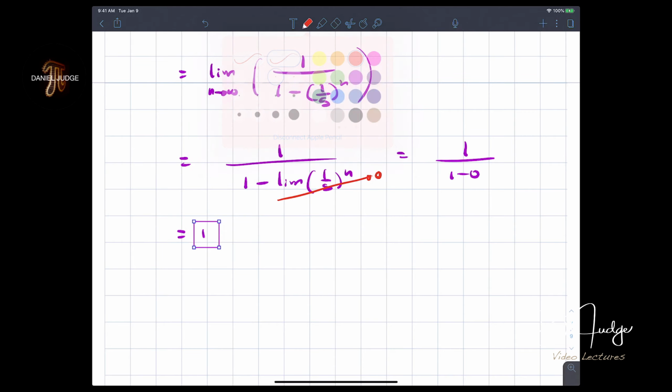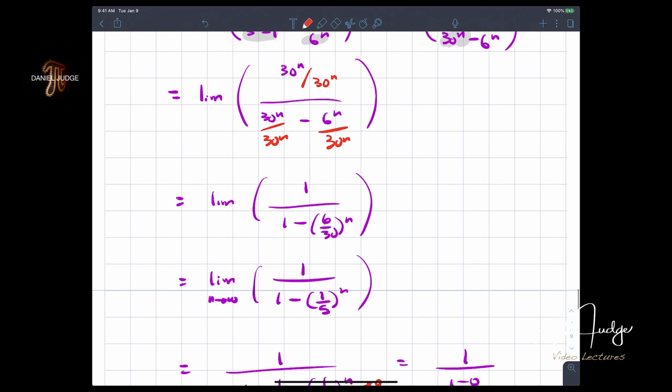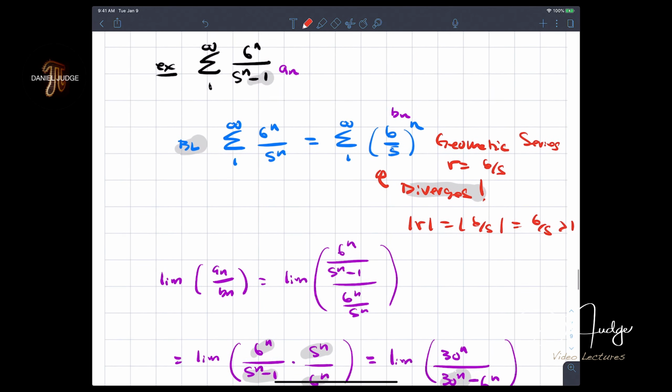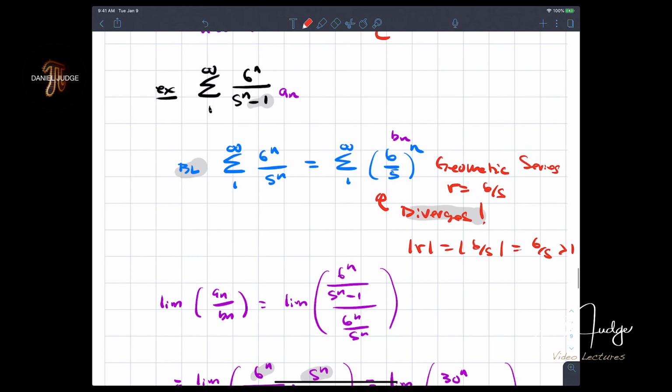That's the finite value c. So you say, why is that important? That's 1. If it's a constant, what do we know? Since this series is a geometric that we compared it to, it's a divergent geometric series, this means that the original series diverges.